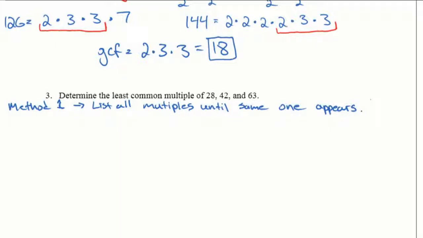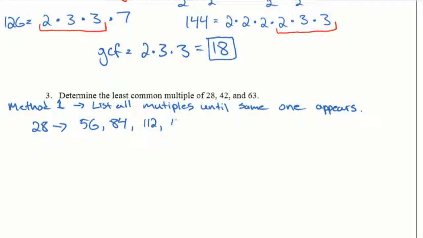What do I mean by that? Let's start with 28. Multiples of 28, what are they? So if I go 28 times 2, I get 56. If I go 28 times 3, I get 84. 28 times 4, 112.